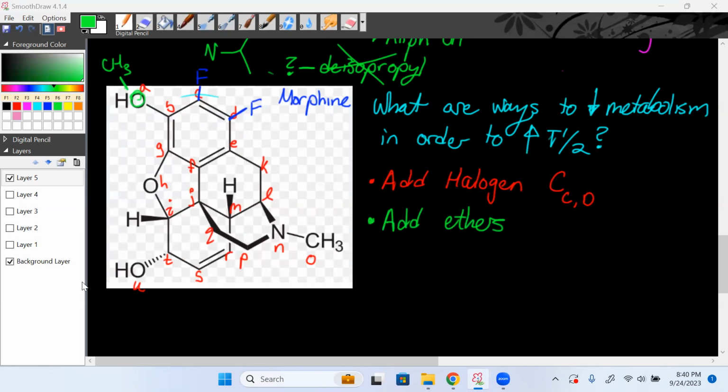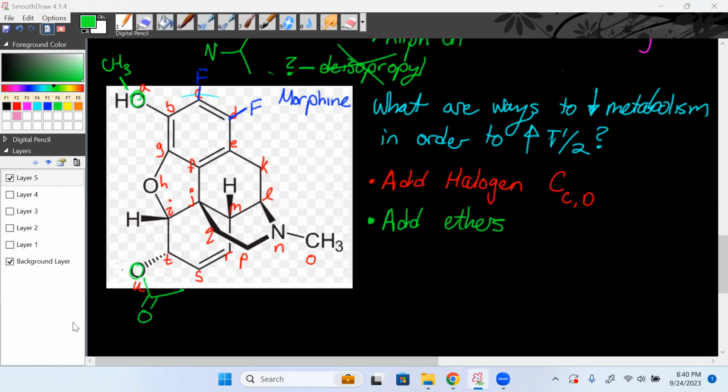Totally. Yeah, or another option is we could use an ester, right? So we could add an acetyl group, for example. And so what that would do is require esterase to come in and remove this ester moiety. Yeah.